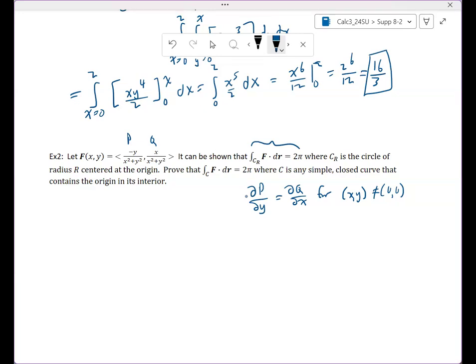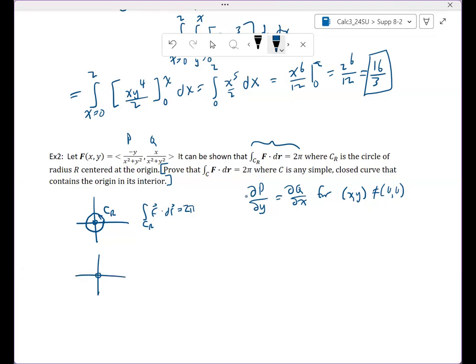What we would like to do is actually to prove that the integral over C, some simple closed curve, of f dot dr equals 2 pi, where C is any simple closed curve that contains the origin in its interior. So if I have the origin here, this one point where this field and its partials kind of blow up, I know that integrating over CR gives me 2 pi.